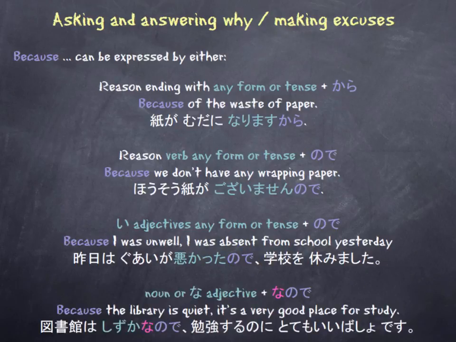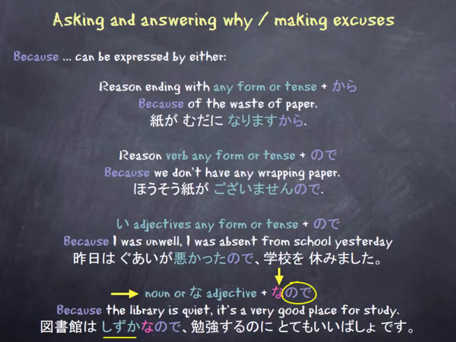And finally, when we have a noun or a na adjective, we do the following. We simply insert na and then finish with no de. So for example, because the library is quiet, it's a very good place for study. 図書館は静かなので勉強するのにとてもいい場所です.